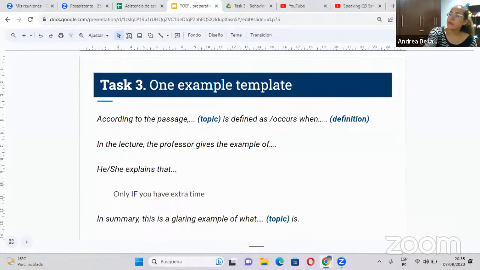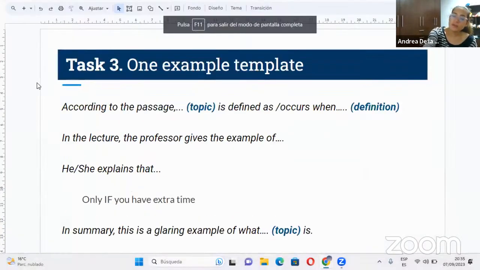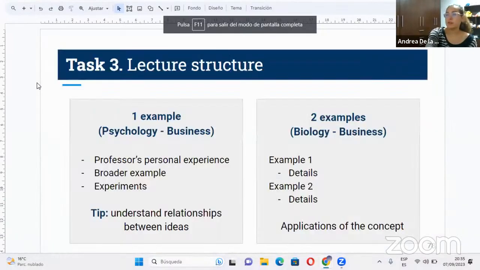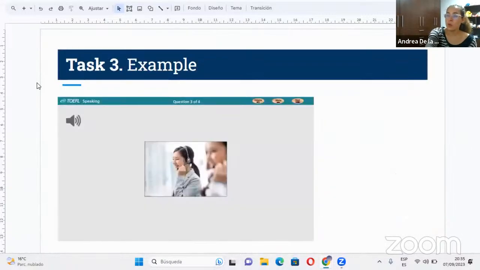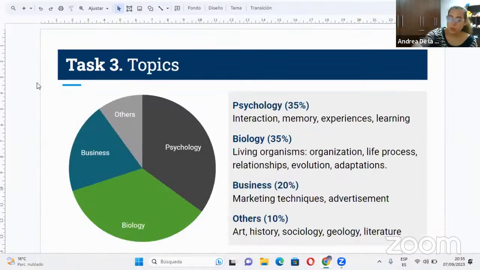Okay, guys, another great thing about this question is that we already know what to expect. Aside from the structure and what to do exactly, we also know what topics you can have in this question particularly. So 90% of the time, you are going to get one of these three big categories. You can have psychology, which is the one that we just did.